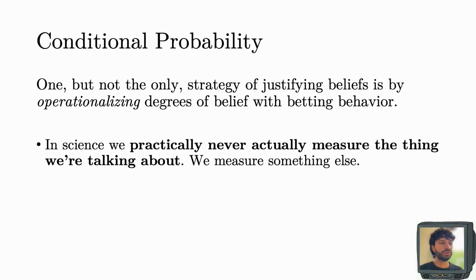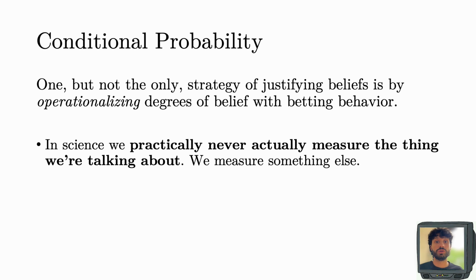You might think that it's a little weird to talk about our degrees of belief as if they were betting behaviors. But as we'll see, in science we practically never actually measure the thing we're talking about, especially not in the social sciences. For example, if you've seen some news articles that say maybe Finland is the happiest country on earth, how are they measuring happiness? You can't measure people's happiness by looking at their brain, and there's no such thing as a happiness meter. There might be ways of determining whether people feel more happy or not by operationalizing happiness in different ways.